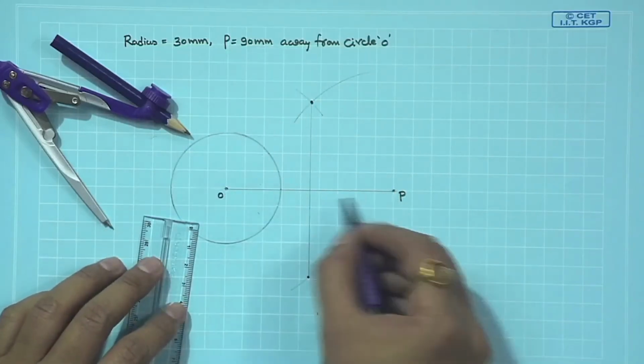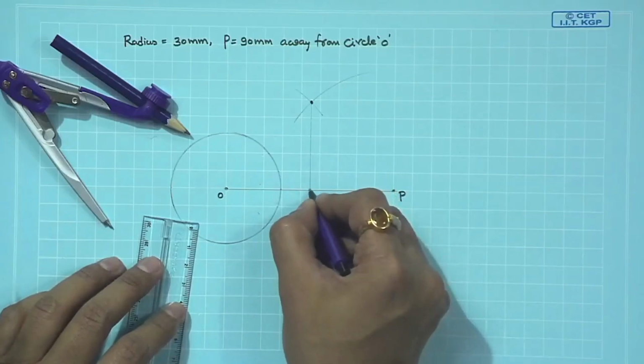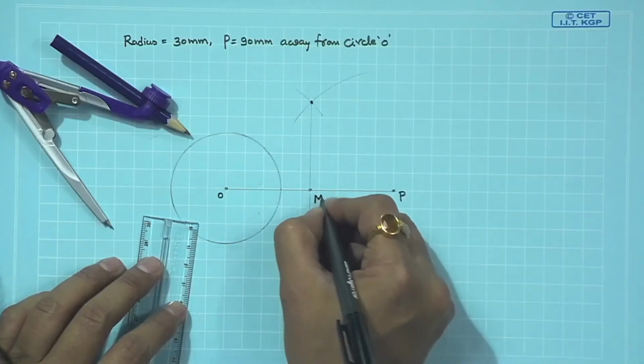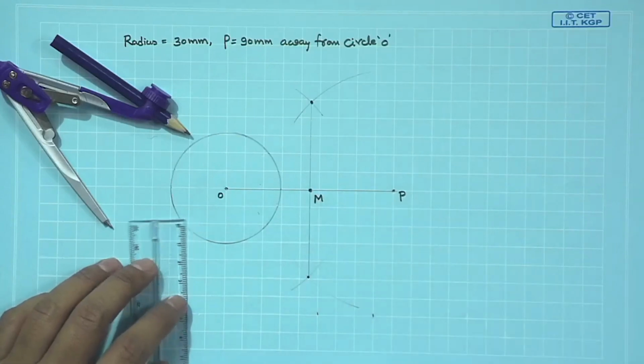Now, OP line intersected at point M here, this is the one.